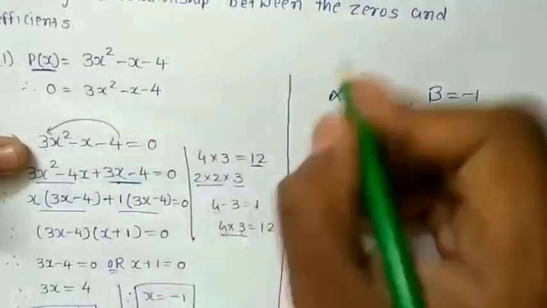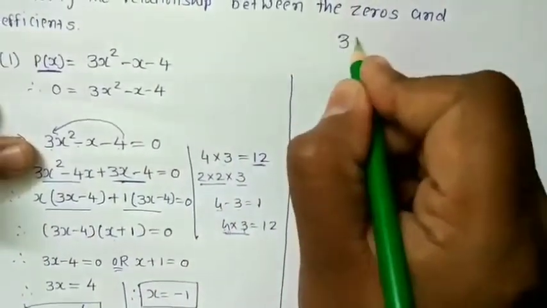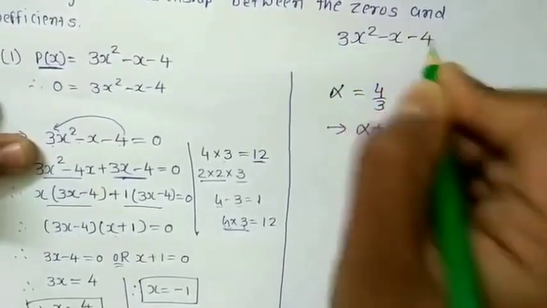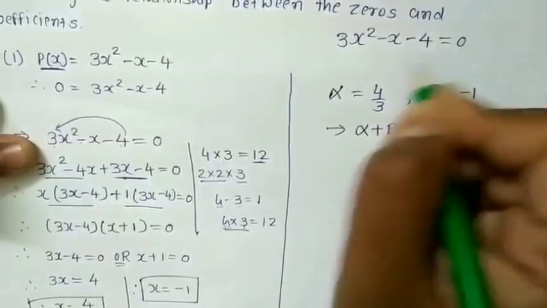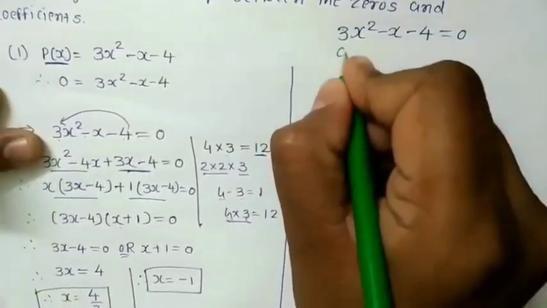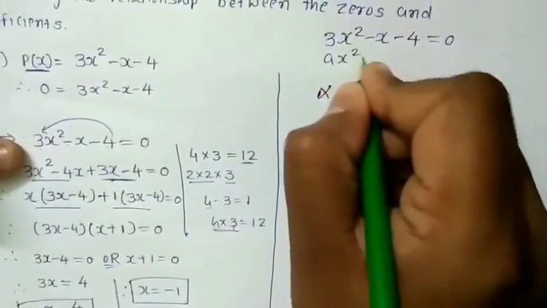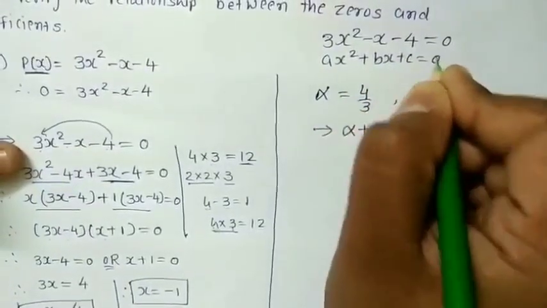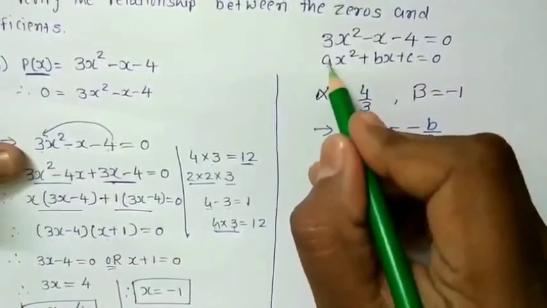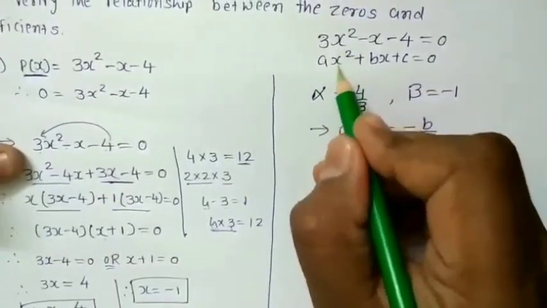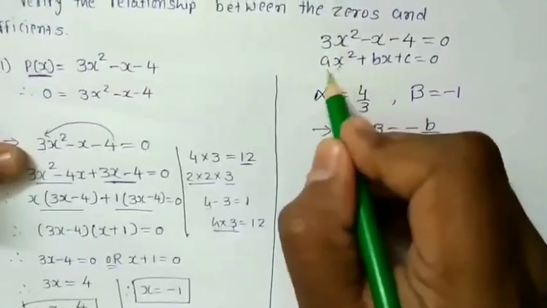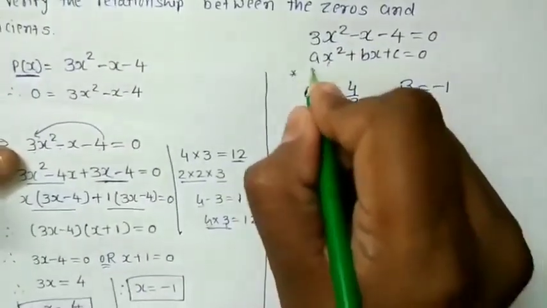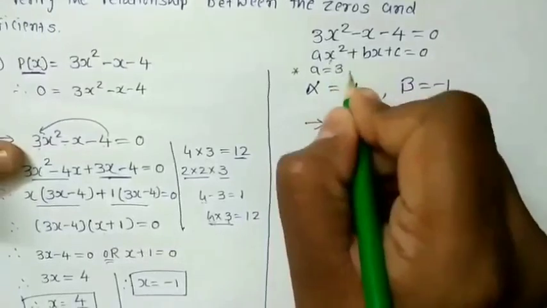We'll write it here: 3x square minus x minus 4 is equal to 0. I will compare it with the standard form, that is ax square plus bx plus c is equal to 0. If we compare, you can see the coefficient of x square. So what is the value of a? a is equal to 3. So I should write here that a would be equal to 3.